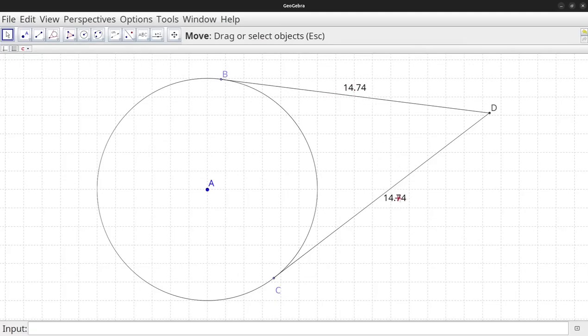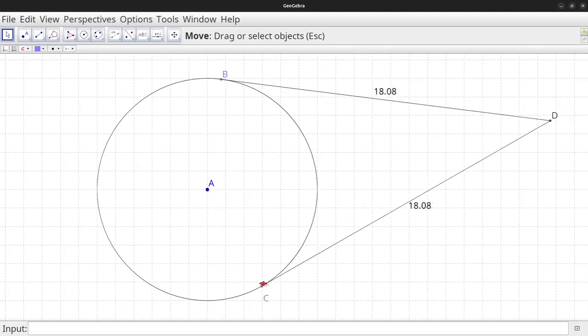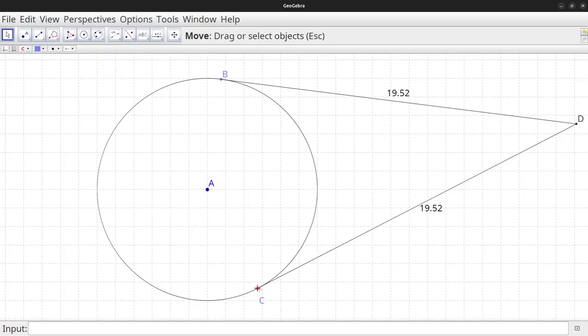So this is our theorem for today. Let's try to play around. Hope you are noticing that they are equal. What if I take point C somewhere there? As you can see, these tangents are being extended, but still they are equal.